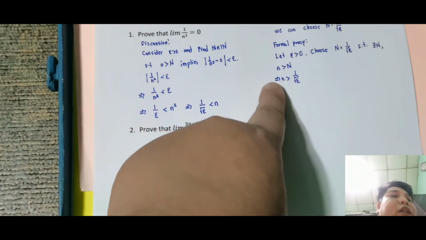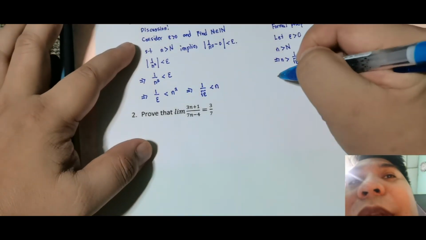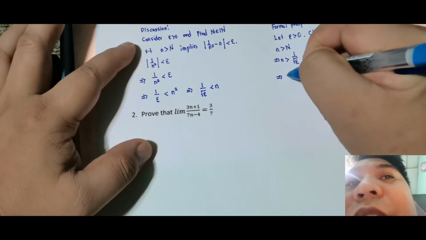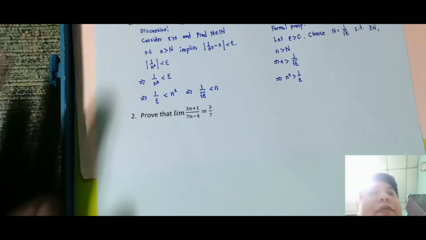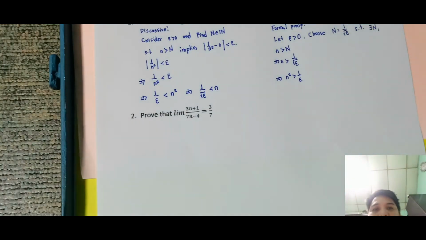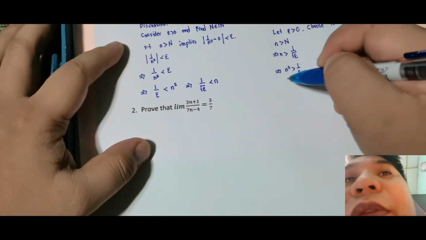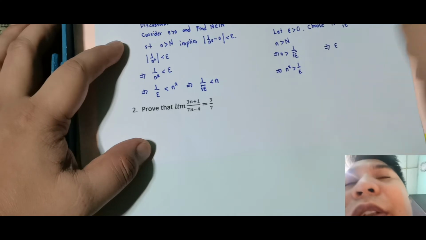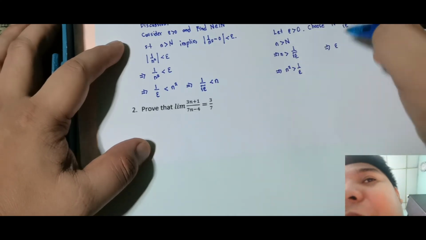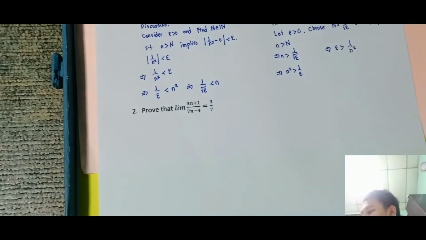Okay, so for n is greater than 1 over square root of epsilon, ano mangyari? I-square ko both sides. So this implies that n squared is greater than 1 over epsilon. Okay, then multiply natin konti. This implies that epsilon is greater than 1 over n squared.